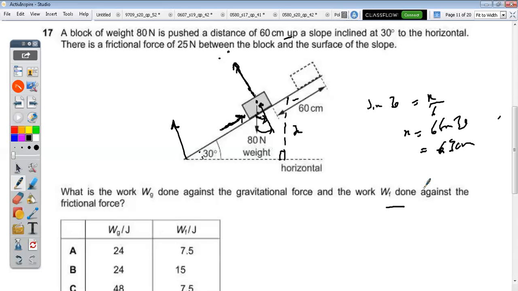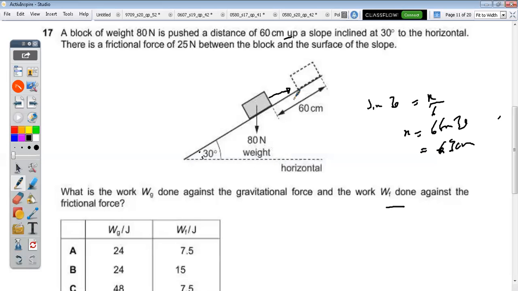Pulled along an incline at a distance, the frictional force between the block. Okay, wait a moment. Let's agree here. What do they mean by against? Maybe I'm not understanding the English here. What we should agree is, what's the resultant force moving upwards along the vertical?